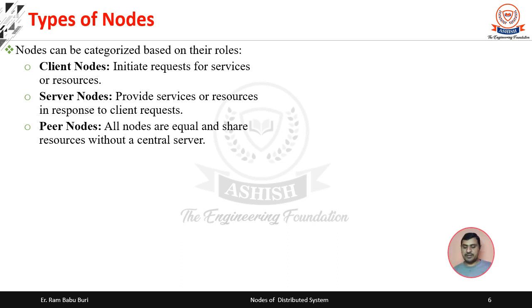In a peer-to-peer system, there is no central authority. Each node has an equal role, sharing resources and collaborating directly with other nodes in the network.